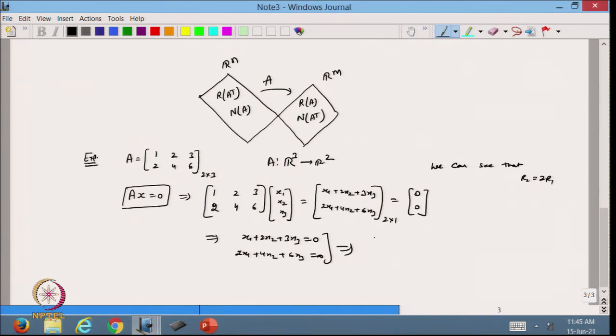So I will get the system x1 plus 2x2 plus 3x3 equal to 0, and all other things will be 0.